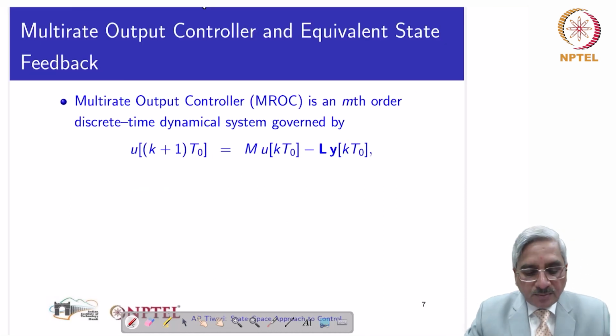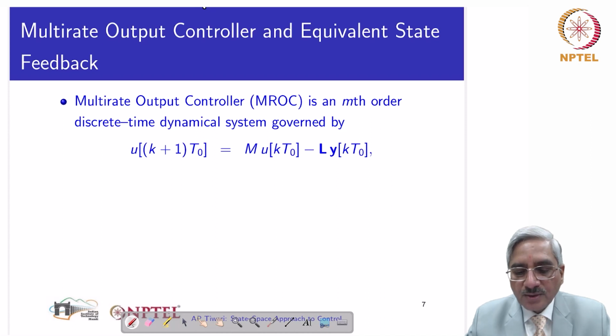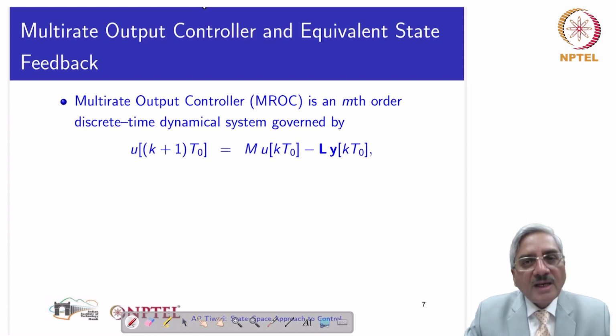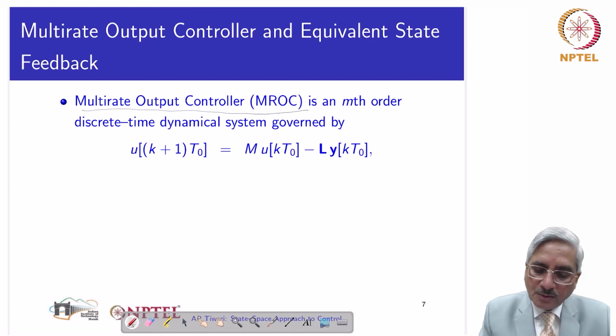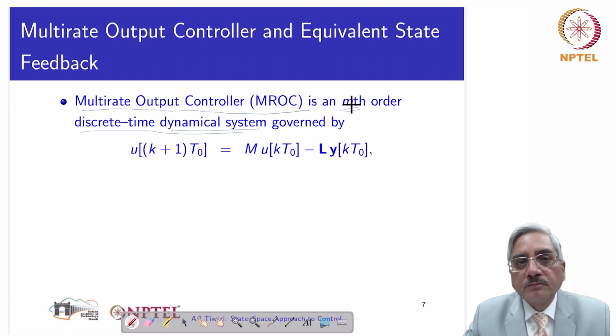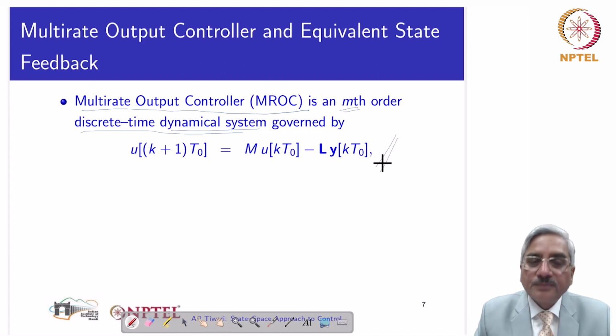Now with that background, we are ready to discuss the multi-rate output controller and how it is equivalent to a state feedback. Like in the Luenberger observer, where we introduced a dynamic system, the observer dynamic system, similarly the multi-rate output controller is also a discrete time dynamical system of order M, given by this equation.